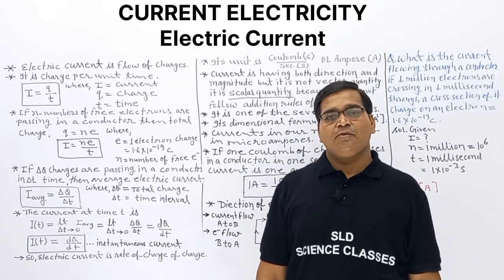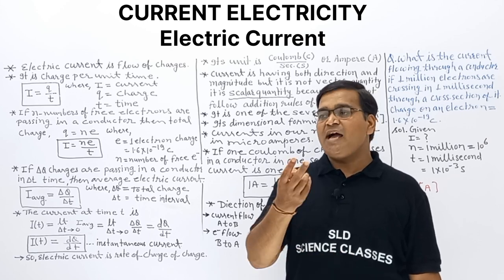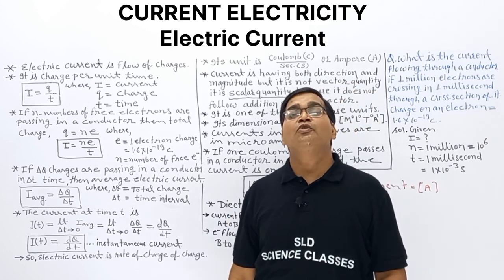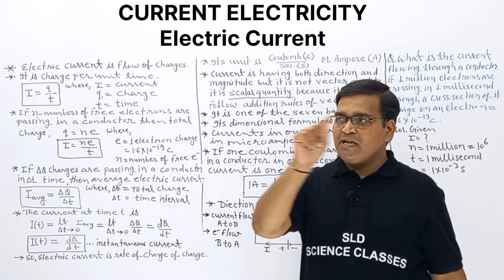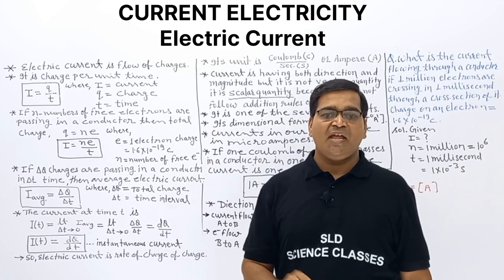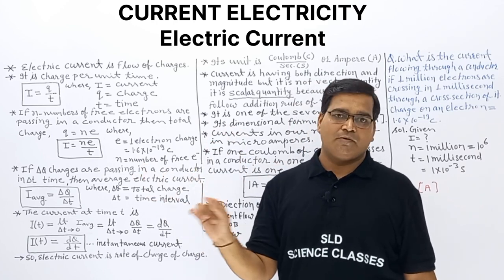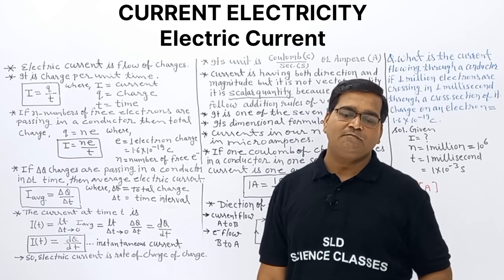Average is the mean. In mathematics, if we have 4 numbers and want their average, we sum all the 4 numbers and divide by 4. This is the mean, or average.